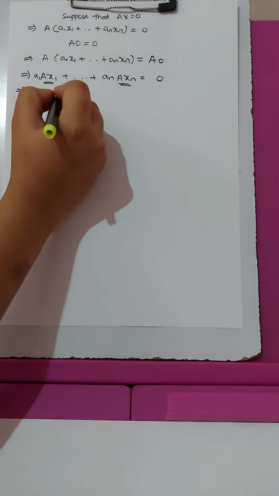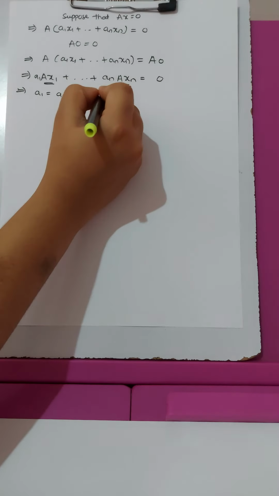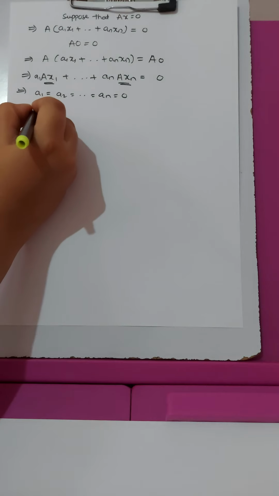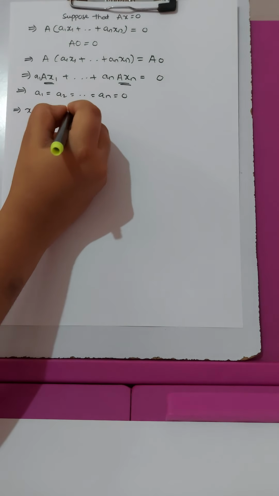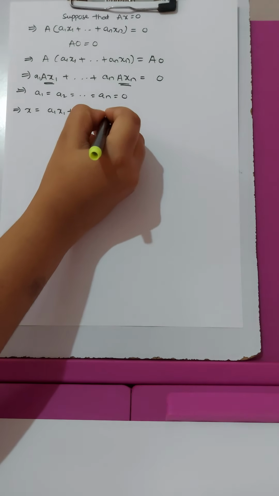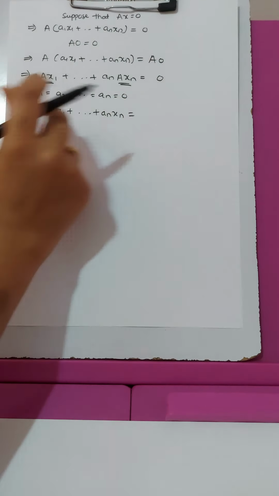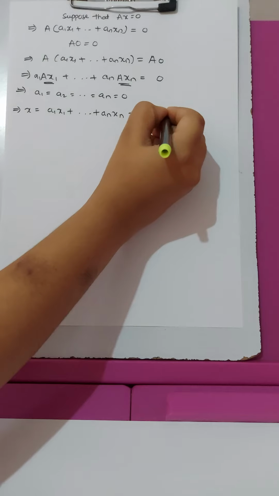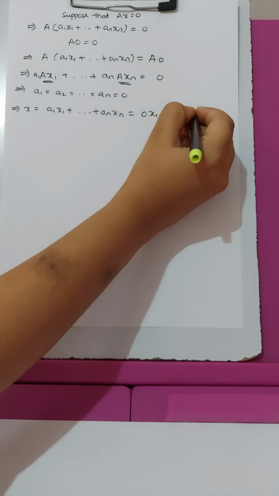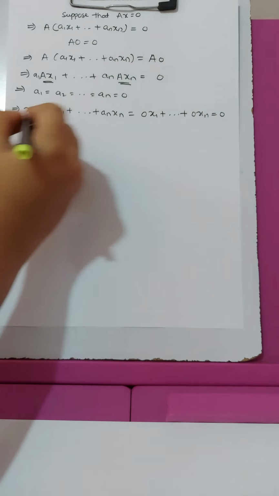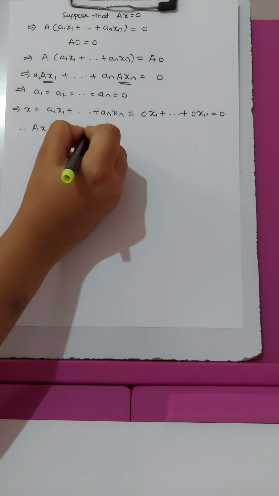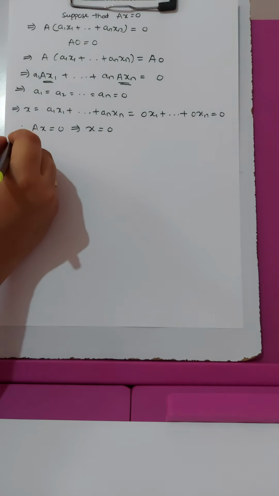Therefore all these scalars a1, a2 up to an are 0. This implies that x equals a1 x1 plus up to an xn; substituting these scalars as 0, we get 0 x1 plus up to so on 0 xn equals 0. Therefore Ax equals 0 implies that x equals 0.